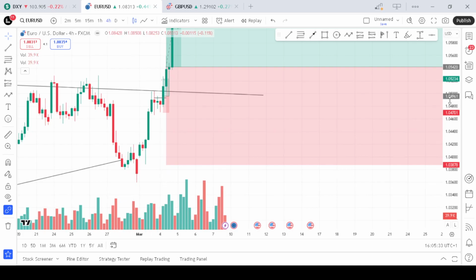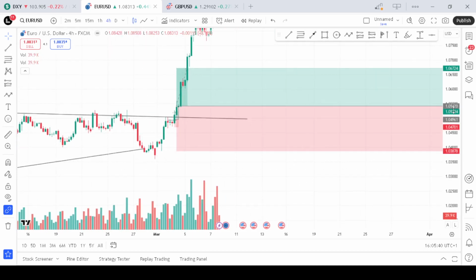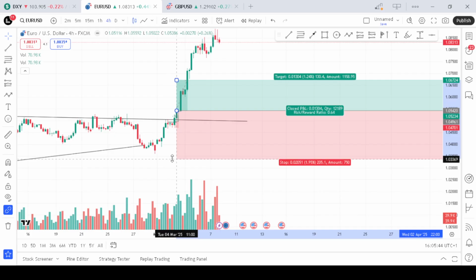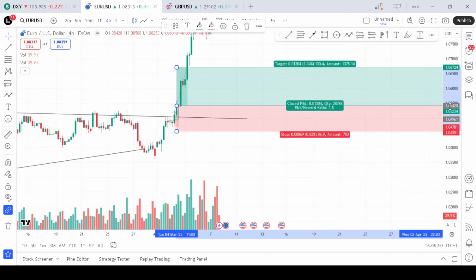To manage this trade, we have to put our stop loss below the recent swing low. It can be this low, or you can put it at this low over here, in case you are willing to be more conservative.